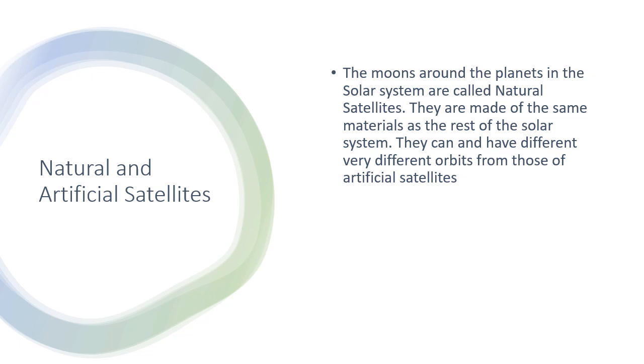And then how do they move around the planet? Which type of orbit do they take? What is the shape of their orbits? All those things. They are generally moving in circular orbits. Now, how do they move around in those circular orbits? The position of those orbits, all those things, can be very different from those of artificial satellites.